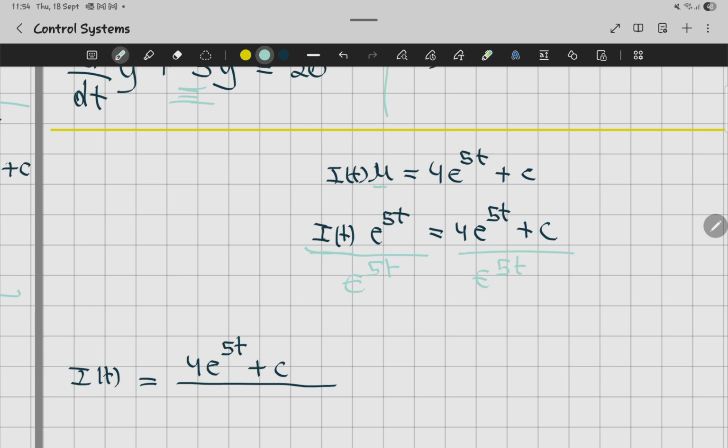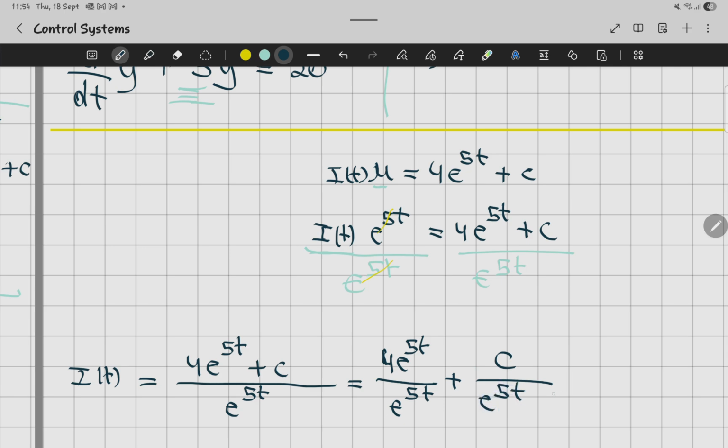Okay, so then this one will cancel out with this one, so you're going to remain with i, which is equal to this equation. Okay, and further, you can write this equation like this: 4e^{5t} plus c e^{5t}.